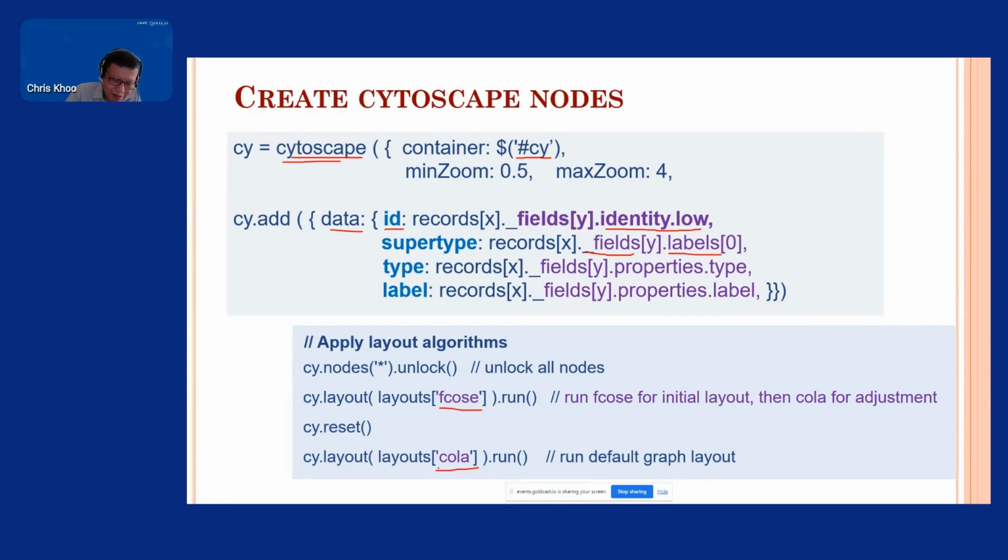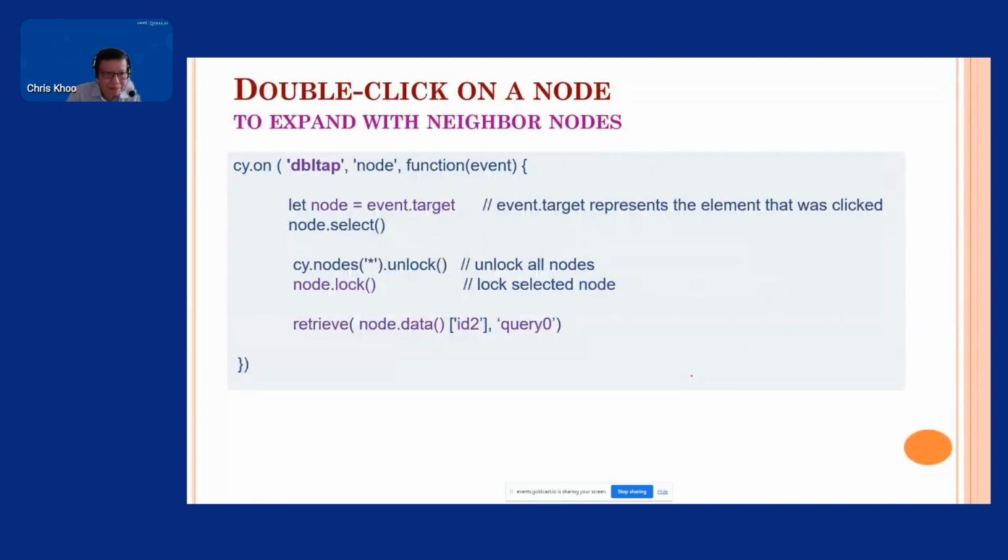The reason is that force caller will take some time to incrementally improve the graph. And if the graph is big, it is quite overwhelming for the user, with lots of things happening on the screen. So that's why I found it works better to apply force cause here for an initial layout, and then force caller for additional improvements.